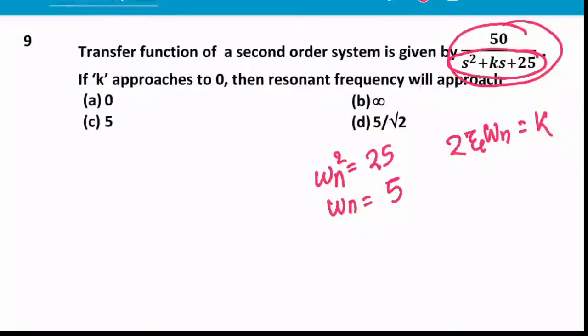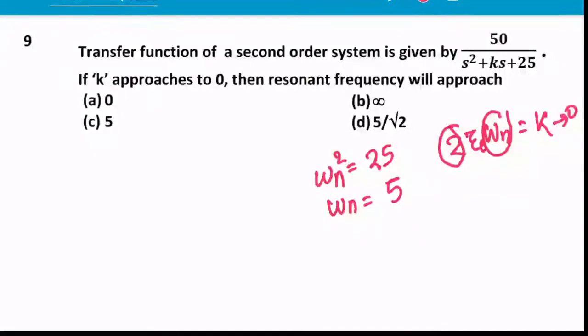Here the question says k approaches 0. As ωn has a finite value and 2 is a constant, k approaching 0 means zeta approaches 0. If zeta approaches 0, what will be the resonant frequency?